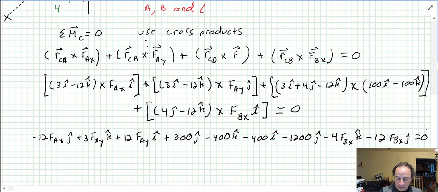That whole thing equals 0. Those are all the components I got after taking those 4 cross products in the moment summation up here.